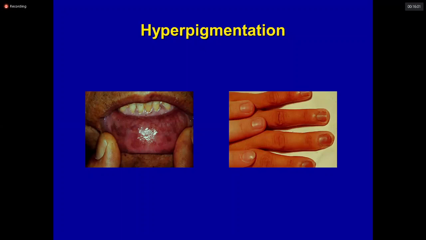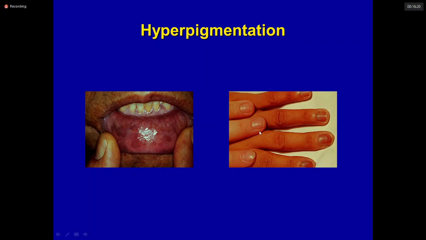Hyperpigmentation is usually in hidden areas, mucous membranes, and in the knuckles, here the interphalangeal spaces basically, as you can see in the control hand and the patient's hand.